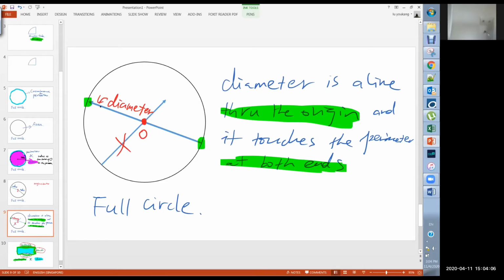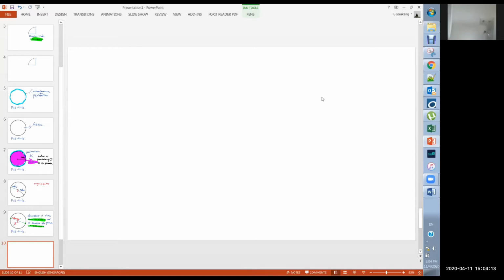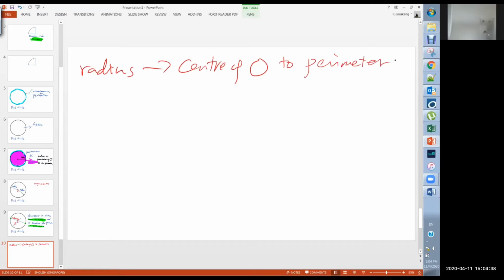So what have we learned so far? What are some of the terms we have learned so far? Radius. What is the definition of radius? From the center of the circle to the perimeter. Very good. So basically this is the simpler definition of radius. Then what about diameter?